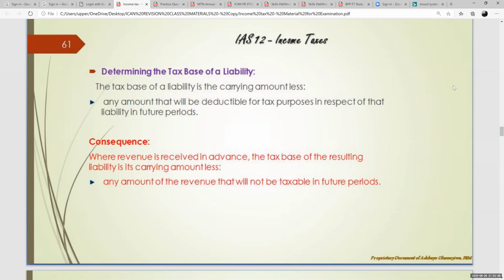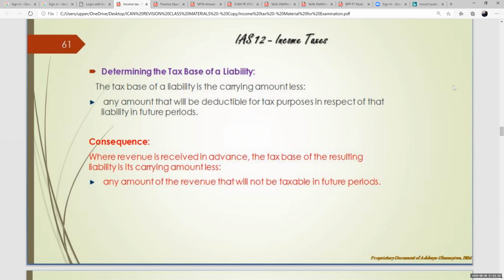Now, what can you conclude as one of the consequences of this? A situation where revenue has been received in advance and such revenue has been taxed on a cash basis. The conclusion then is that the tax base of such a liability, remember, when you receive income in advance, it's a liability.